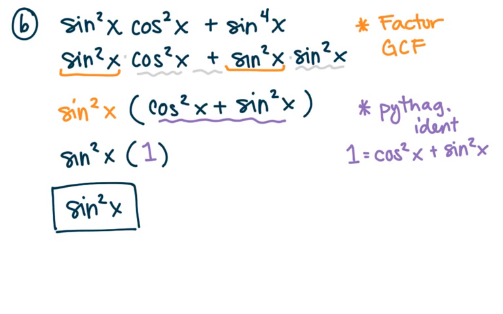Now, I could continue manipulating this. I could say, well, I know that sine squared is equal to 1 minus cosine squared x. That's also equal. All of these lines are equal here. We're just trying to find the most simple form that we can.